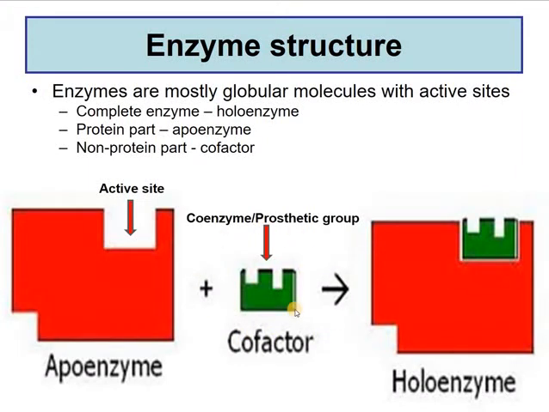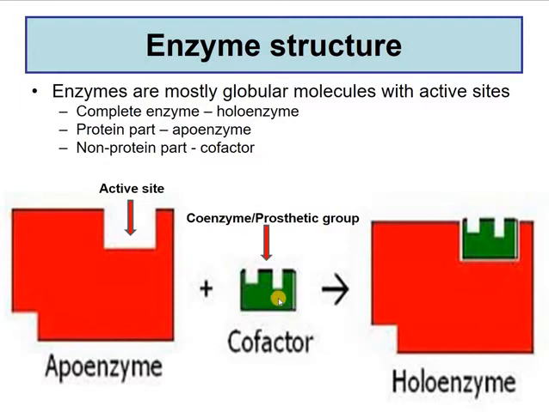That cofactor can be a carbohydrate, a lipid, a metal, or anything else that is specific for that enzyme. The cofactor usually is situated on the active site. And when the enzyme contains a cofactor, it becomes what we call a holoenzyme, or a complete, functional enzyme.